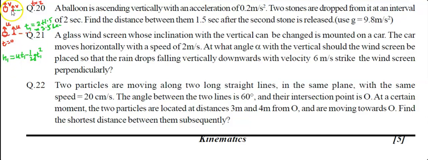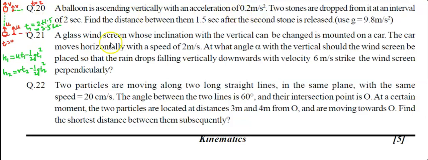Now let's talk about the second, which will have displacement from its own position as v into t2, where t2 is 1.5, minus half g t2 square. Makes sense? Now v will be connected with this because the balloon has gained this velocity v with the acceleration given to us.